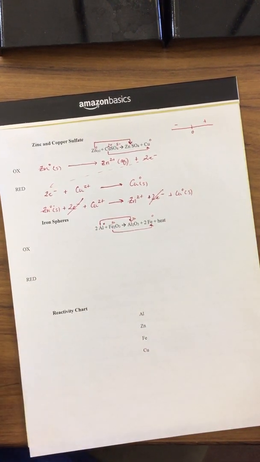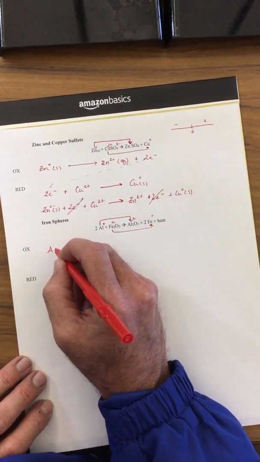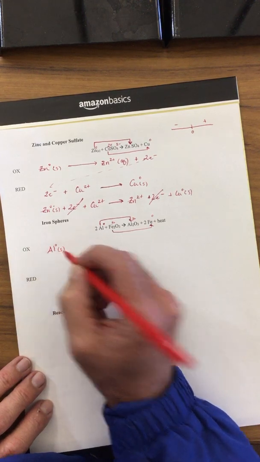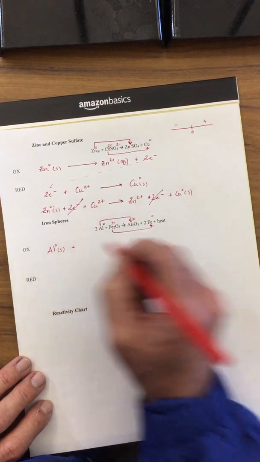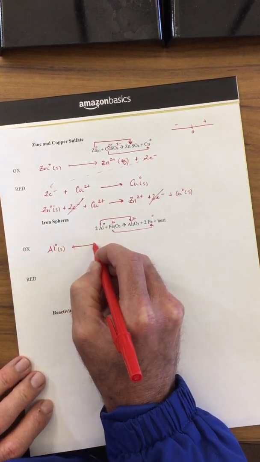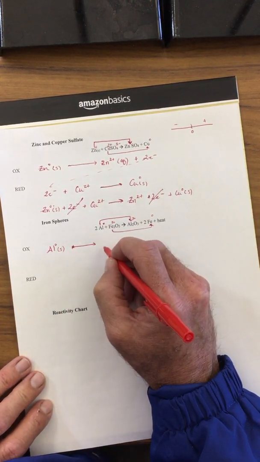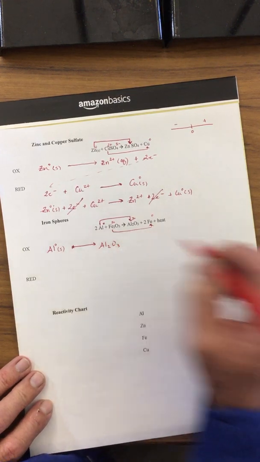So here's the oxidation reaction that's taking place. We're starting off with the aluminum. The aluminum is going to be neutral, and this is going to be some solid aluminum like the sphere that I have. And this is going to produce the aluminum oxide.